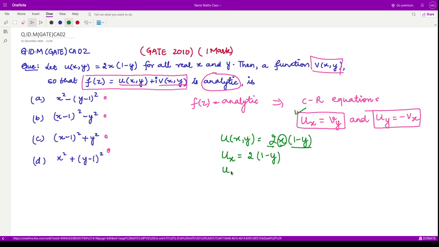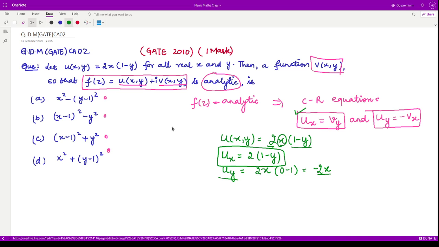And what is u y? u y would be 2x as such, and the derivative of 1 minus y would be 0 minus 1. So it would simply be minus 2x. So this is our u y and this is our u x.